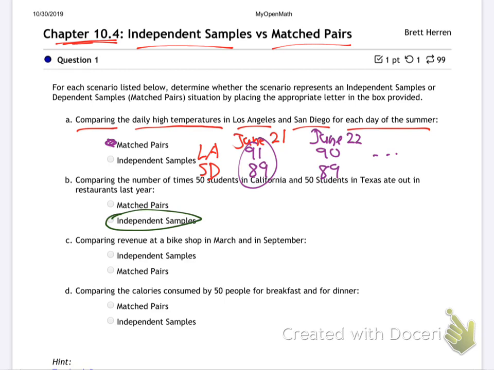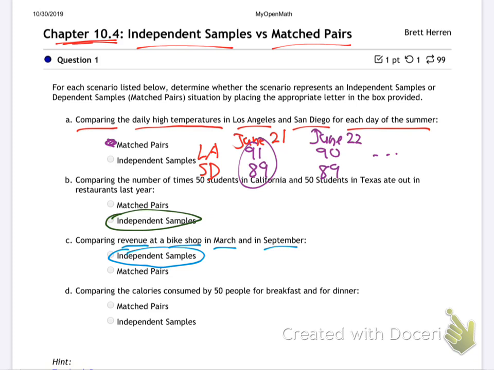C, comparing revenue at a bike shop in March and in September. Those are independent. There's no matching up of any kind there.